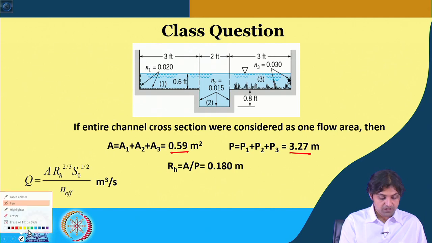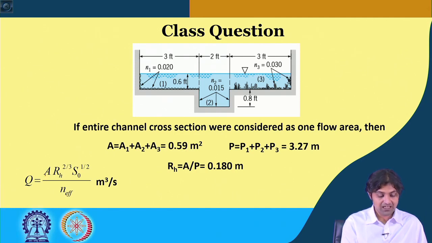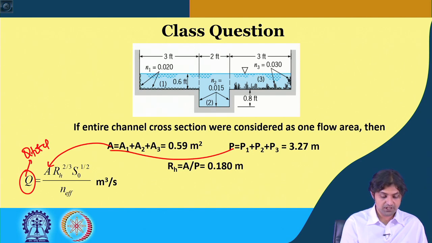Now, Q can be written as A RH to the power 2 by 3 S naught to the power half divided by N effective. So, this is the effective Q, which we have already calculated, Q total. Area total we have already calculated, P we already know. So, this RH will be this one here, S naught is constant, same for all, correct.